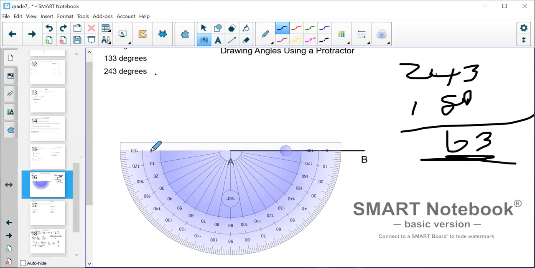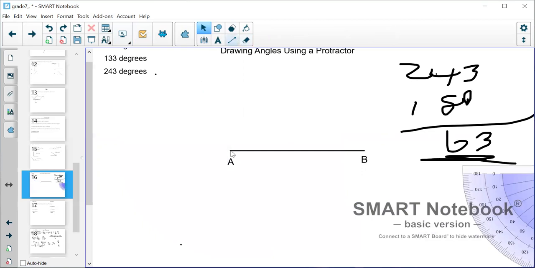So using the inner measurement, 10, 20, 30, 40, and so on, you find 63. So this is 60, and you count 3. 1, 2, 3. 63. All right, and with that, you draw your line to that point.